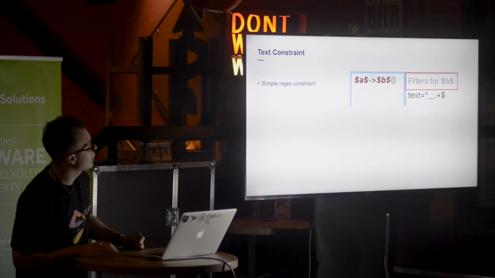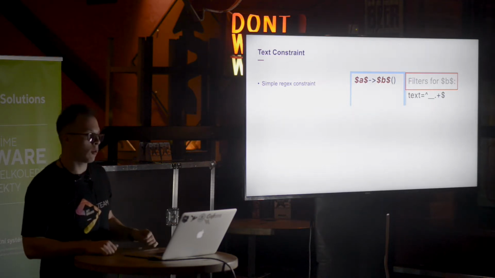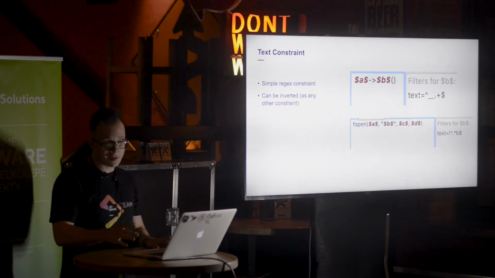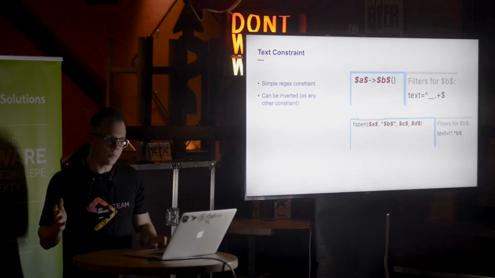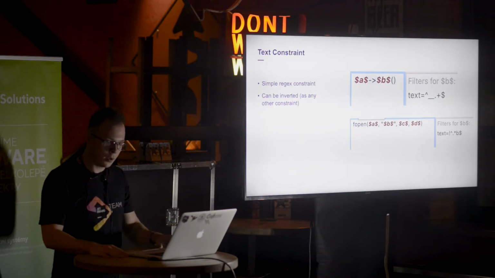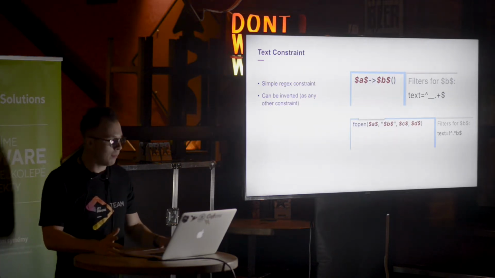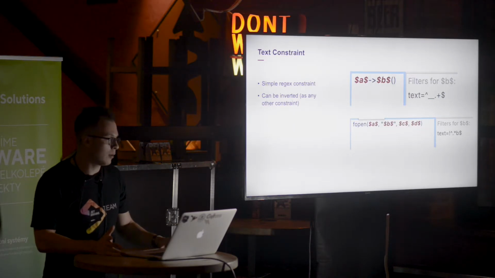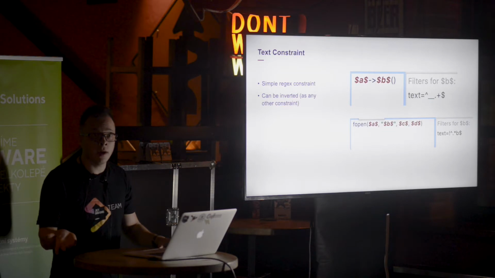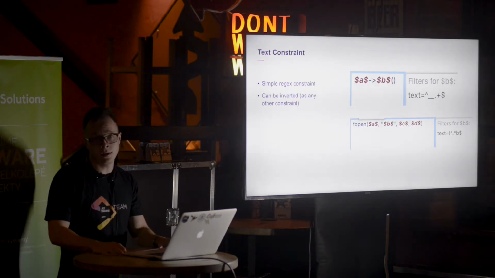So this text equals is actually a regular expression. Also, these constraints, as any other constraints, actually can be inverted by a leading exclamation mark. So by this example, we can, for example, find all of the open calls without the binary modifier inside a string literal as the second argument.